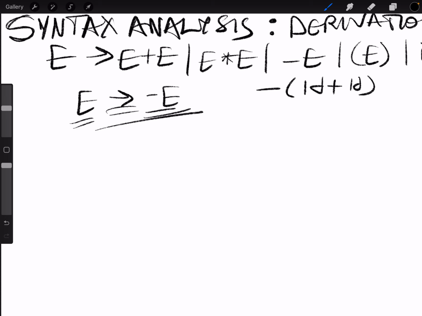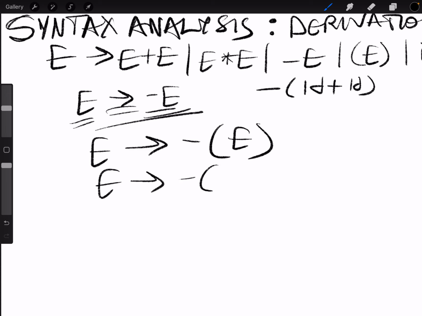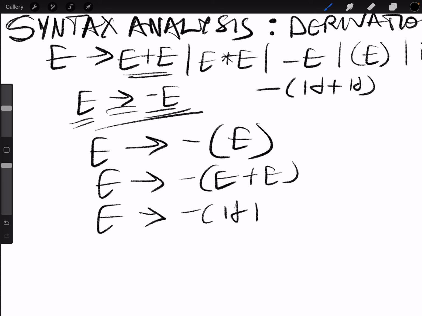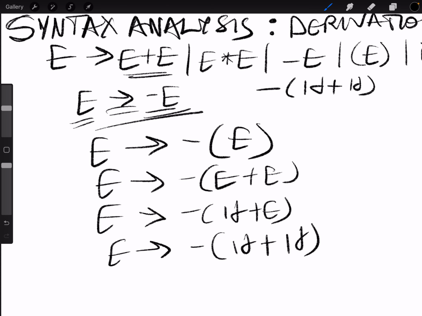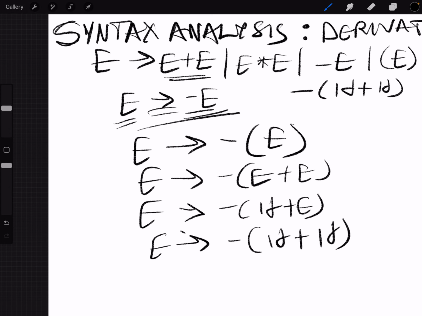We'll go further to say E derives minus, in parentheses, E, and E can also derive minus, parenthesis open, E plus E, according to this production rule. Then we can have E deriving minus, in parentheses, id plus E, and finally minus parenthesis id plus id, which checks out in 0 or more steps.